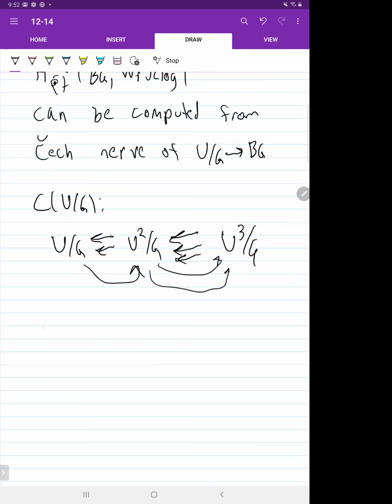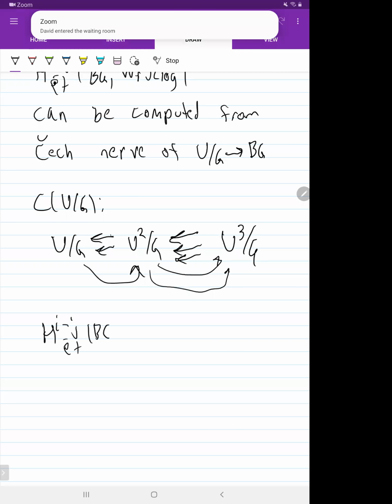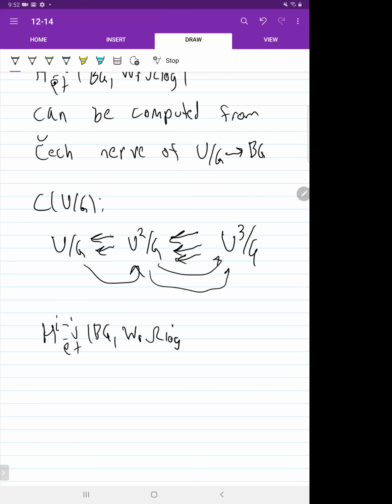And then the étale motivic cohomology in degree i minus j of BG is equal to the sheaf cohomology of this simplicial scheme.